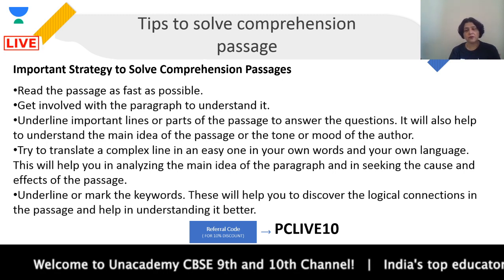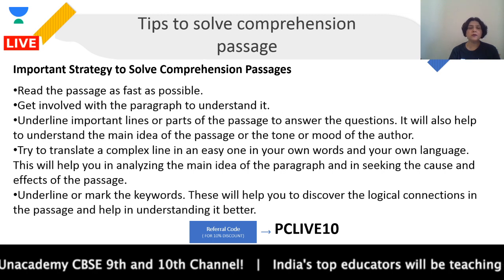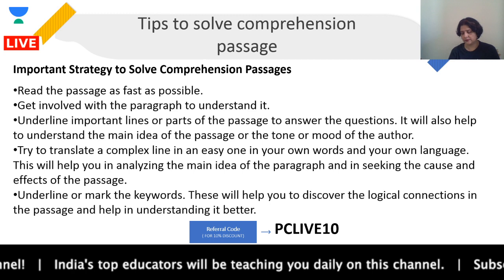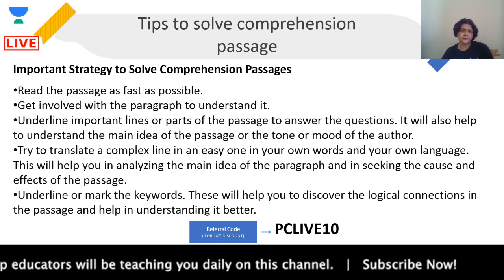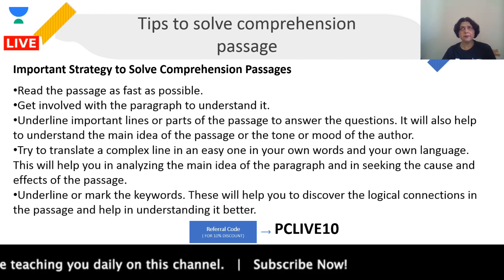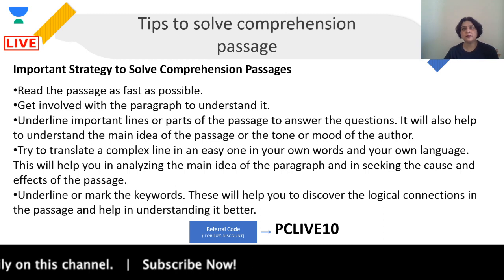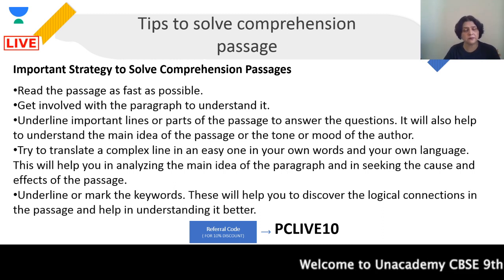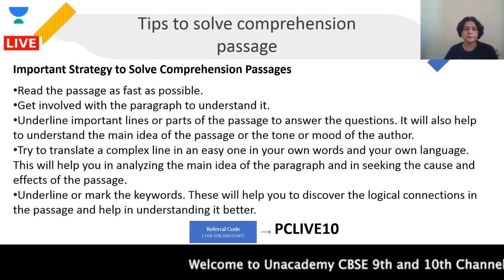As I have already said, underline important lines or parts of the passage to answer the questions. Now, I have read the passage. Maybe in the first reading I was not able to understand what the passage is saying. Definitely a second, sometimes a third reading also has to be done.